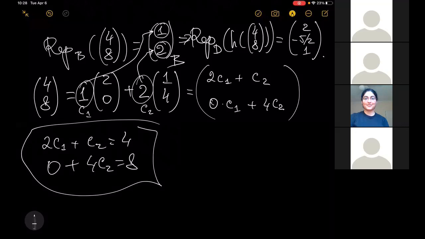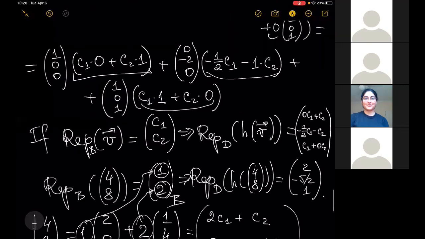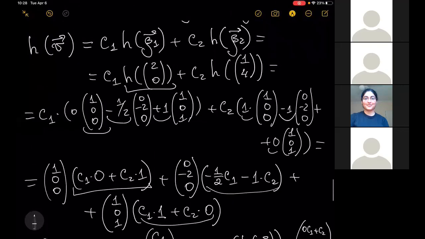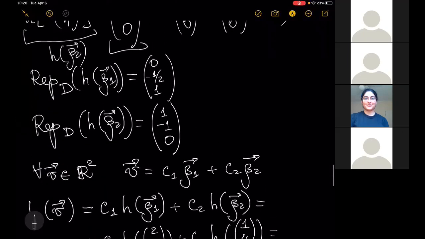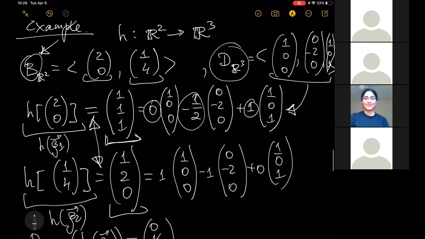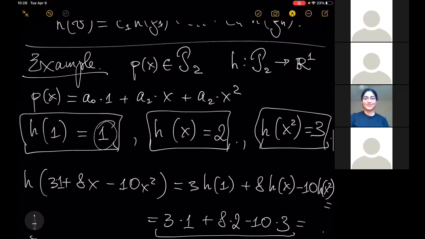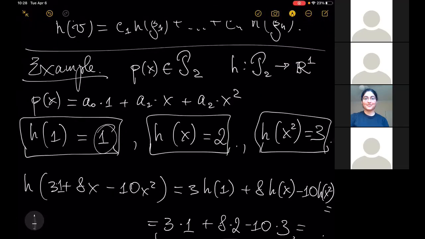I still had a question on the last example. When we did h of 1 equals 1, h of x equals 1, and h of x squared equals 1, was that something that you computed due to the fact that the map of p is just equal to 1 times a0 plus 1 times a1 plus 1 times a2? It's not necessarily.